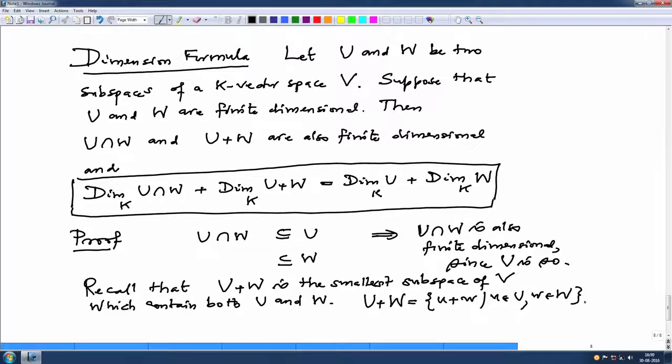So, this is very useful. Okay. So, now let us try to prove this formula, together with the finite dimensionality.